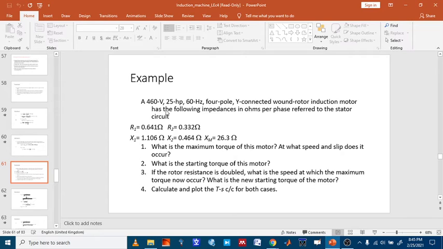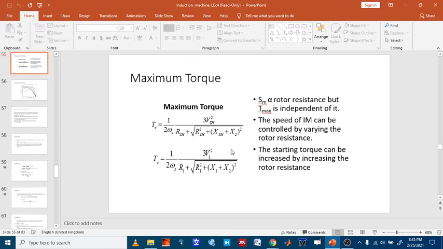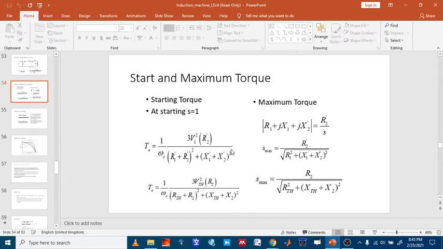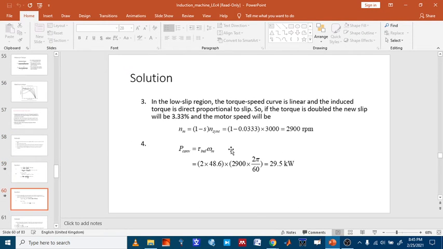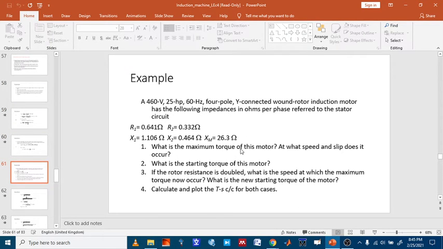A 460 volt, 25 horsepower, 60 Hz, 4 pole, Y-connected wound rotor induction motor has the following impedances in ohms per phase referred to the stator circuit. These are the parameters. What is the maximum torque? Maximum torque means you need to use the Thevenin equivalent circuit and its relations.